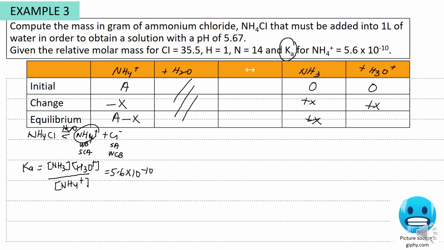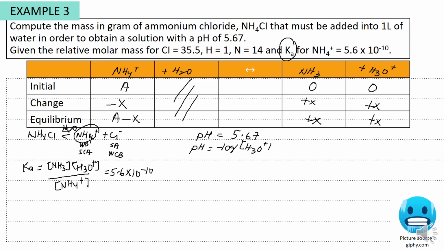You are given the pH, which is 5.67. So you can find the concentration of hydrogen ion, H3O plus ion, because you are given the pH value. pH is negative log of the hydrogen ion concentration, equals 5.67.